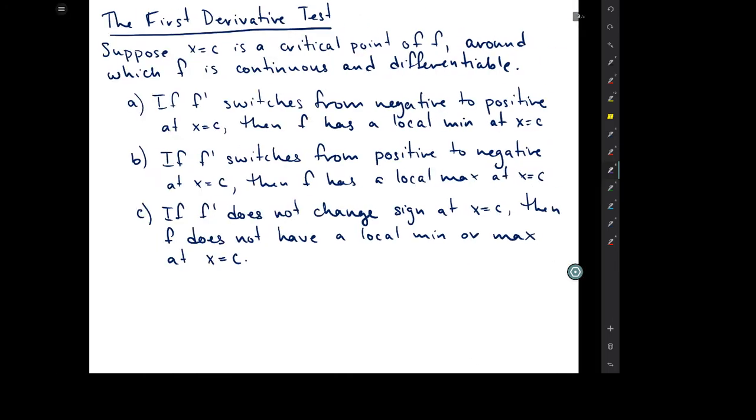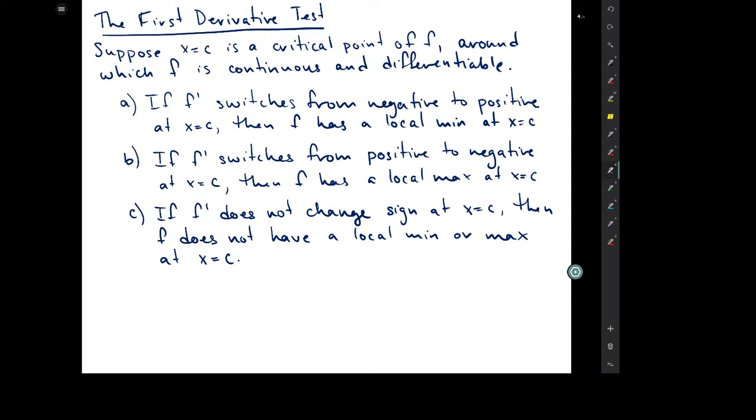So what I'll finish with today is what's called the first derivative test. If we have a critical point x equals c of f, and we know that our function f is continuous and differentiable right around that, if the derivative switches from negative to positive, so I'm reading left to right, negative to positive, then I know that f has a local minimum.